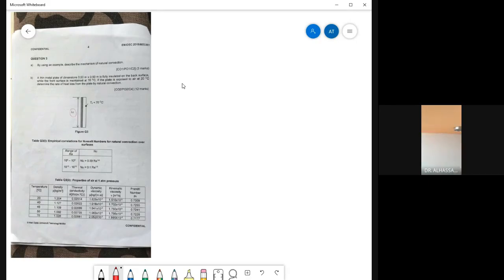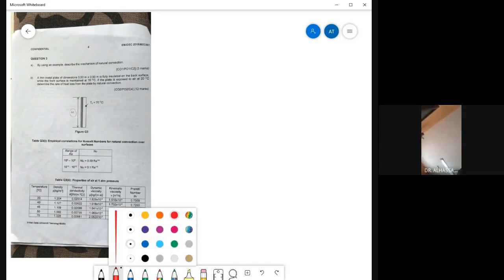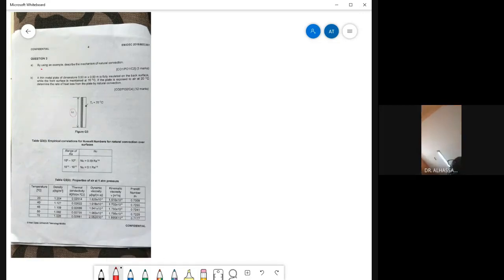So if you look at question number 3A. Question number 3A says, by using an example, describe the mechanisms of natural convection.